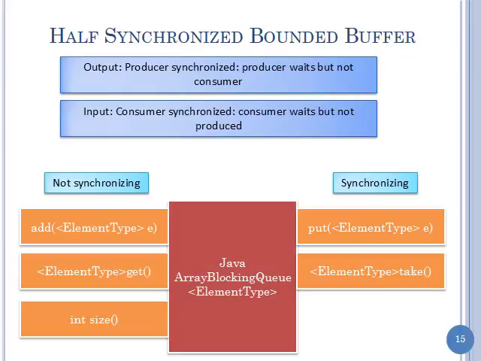This data type has a put and a take. The put is a blocking producing put, the take is a blocking consuming get. If you don't want to block, you do an add or a get, and you can check the queue to see whether it's empty or full before doing this, and print out an appropriate error message if the precondition for your method is not met.